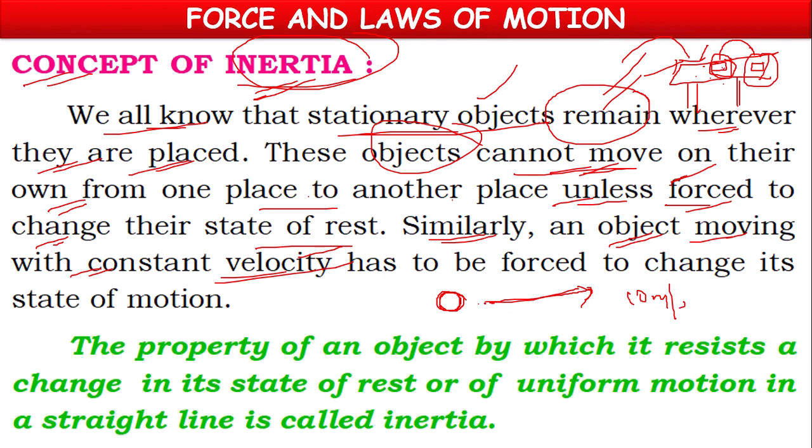If it is moving in the air, if there is no air drag, or no opposition to the motion of the ball because of air, it will be moving with 10 meter per second. Or if it is moving on the earth, friction tries to stop it.